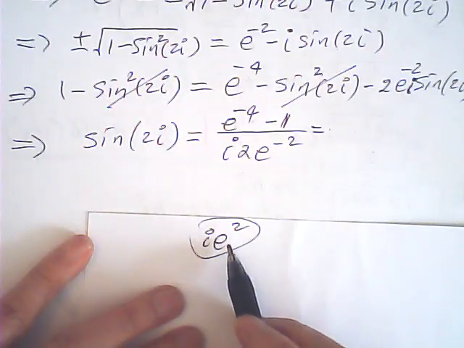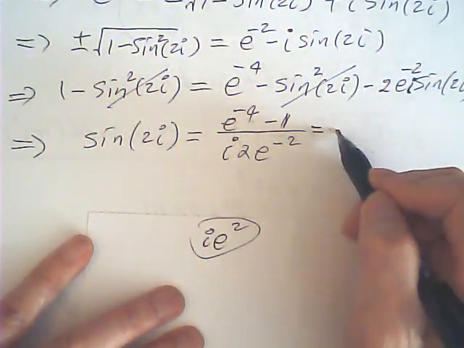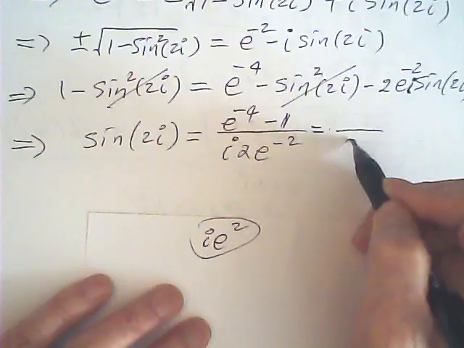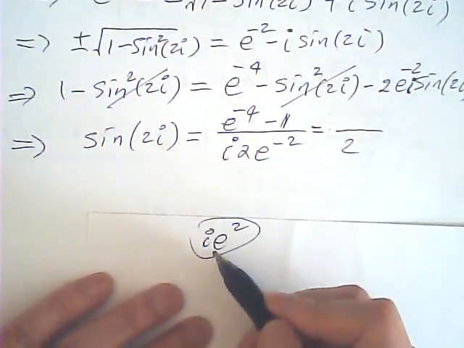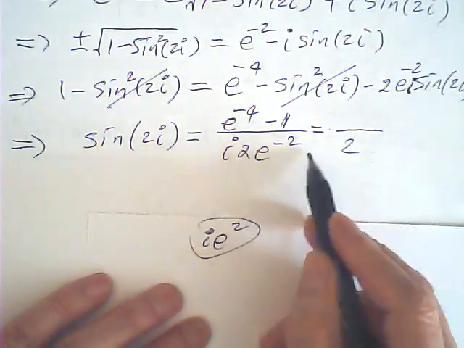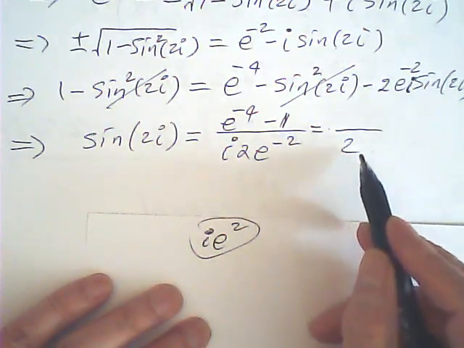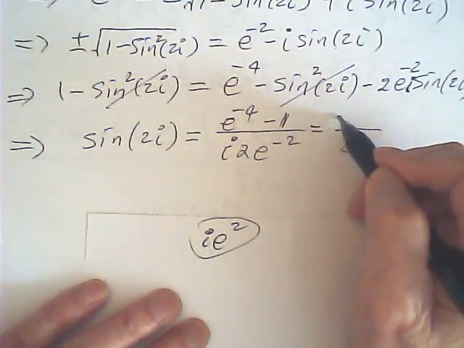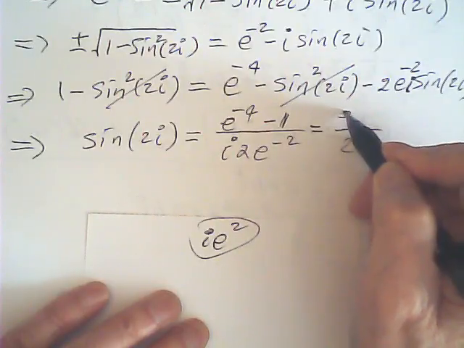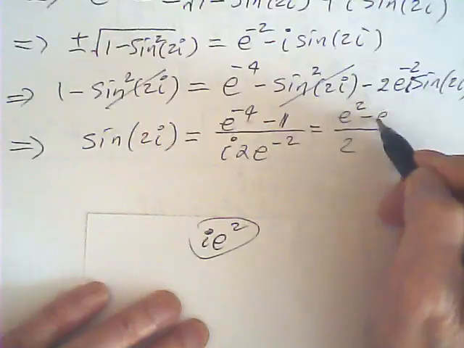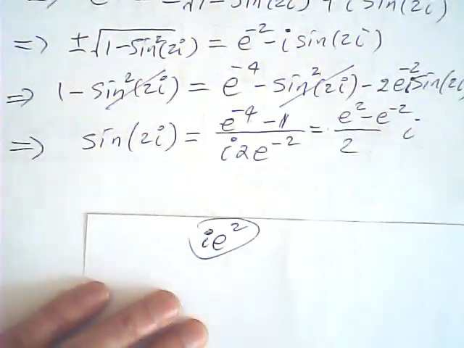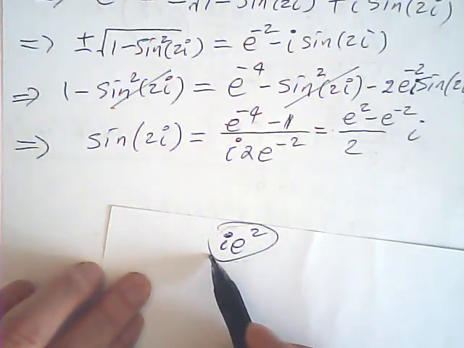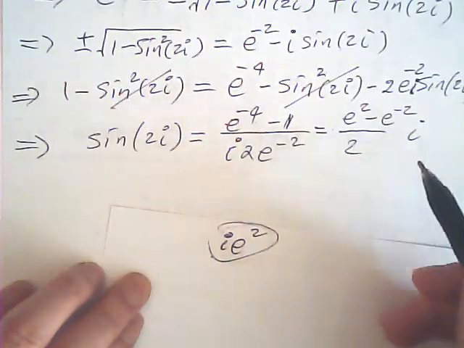So this becomes 2, right? This times the denominator becomes this. And the numerator changes sign, it becomes e squared minus e to the negative 2i. Yeah, it's good. I multiply this one to both numerator and denominator, I get this.